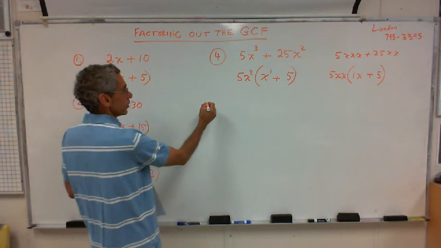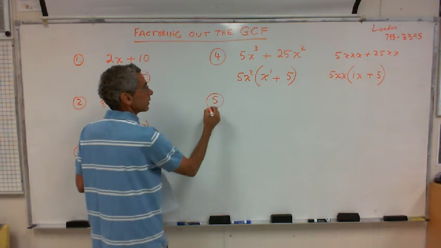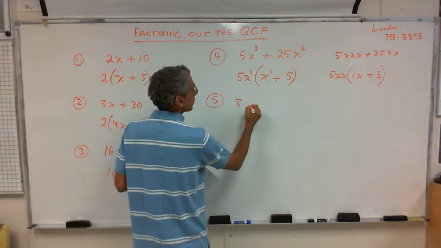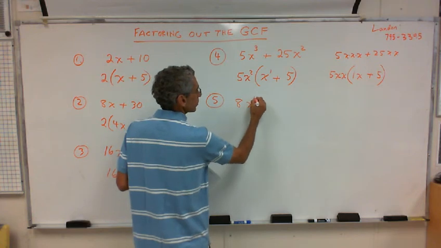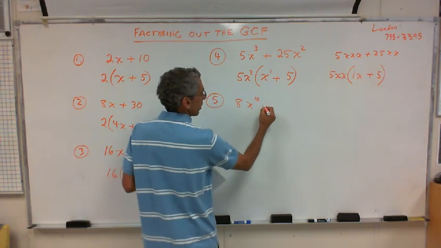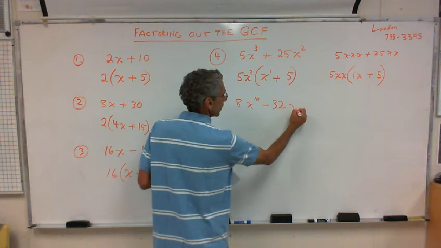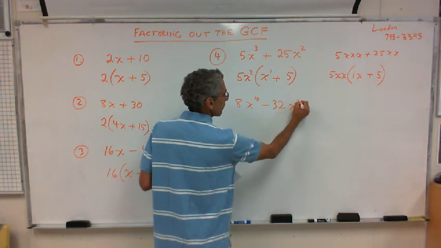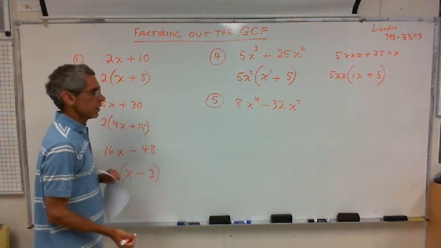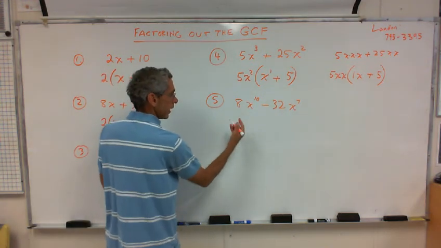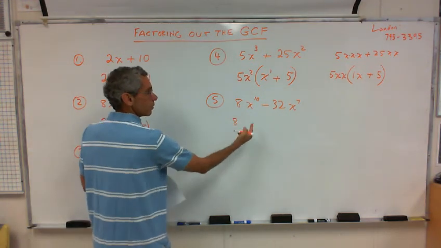Okay? So let's try a few, now that you got the idea. Let's say we have 8x to the 10th minus 32x to the 7th. First the numbers. What's my greatest common factor in numbers? 8. 8 goes into both of those. And now my variables.